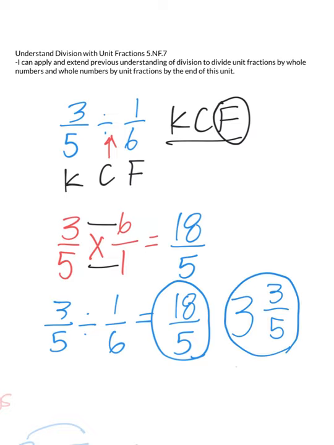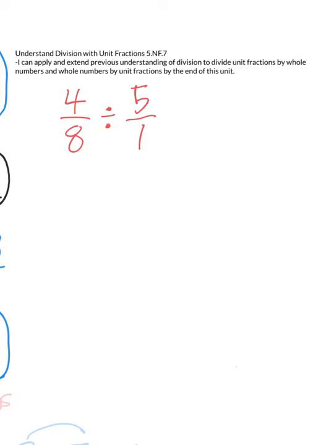Let's try another one. So here we're dividing 4/8 divided by 5/1. I am going to use my KCF. Just a reminder that the K represents keep. C, we're going to change division to multiplication, and flip, just like our reciprocal. We'll flip that second fraction.